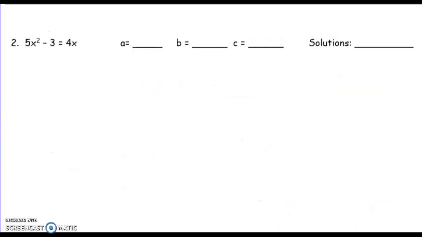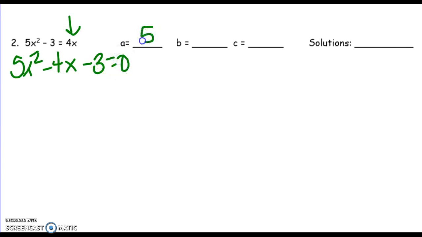Okay, so let's identify my a, b, and c. First thing I need to do is rewrite my equation. So 5x squared minus 4x, because remember that is my b, and then I've got minus 3 equals 0. So my a is 5, my b is negative 4, and my c is negative 3.